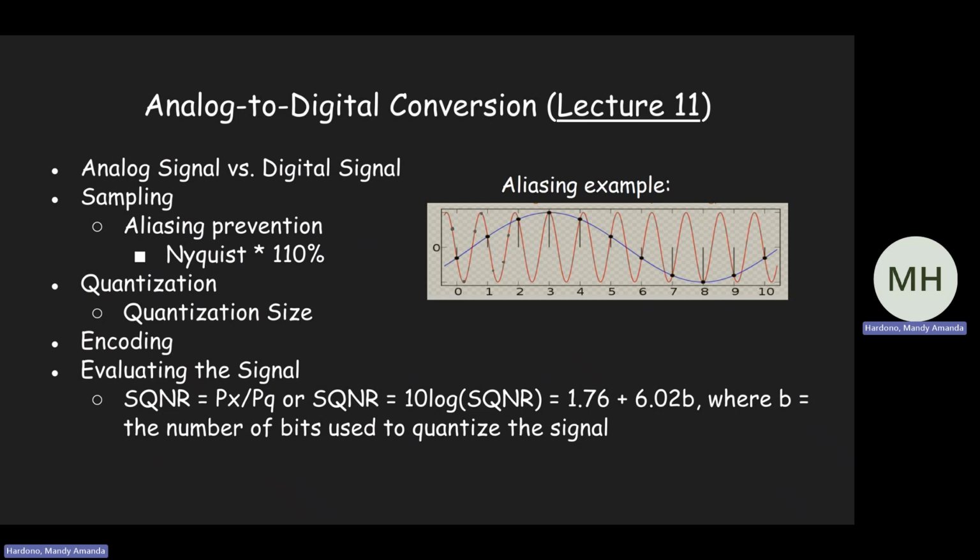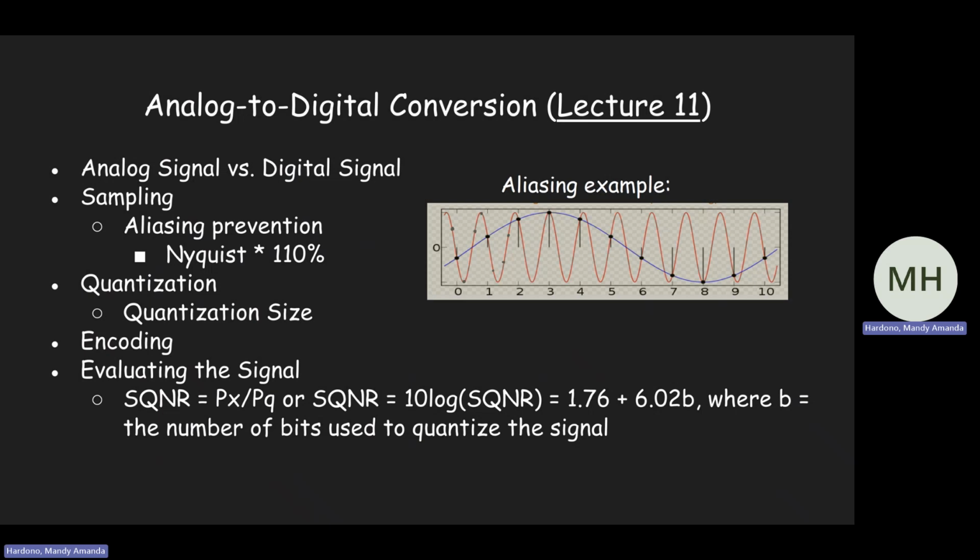To prevent aliasing and make our representation accurate, we take the Nyquist criterion and multiply it by 110%. For the Nyquist, we take the highest frequency of the signal and multiply by 2. For the Nyquist criterion, we want to prevent aliasing by sampling at a frequency that is greater than 2 times the maximum frequency of the signal.